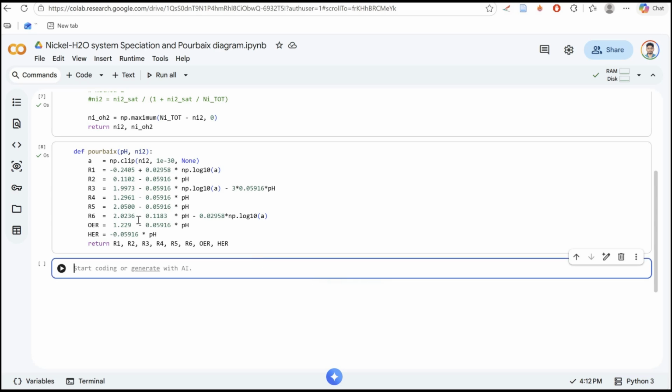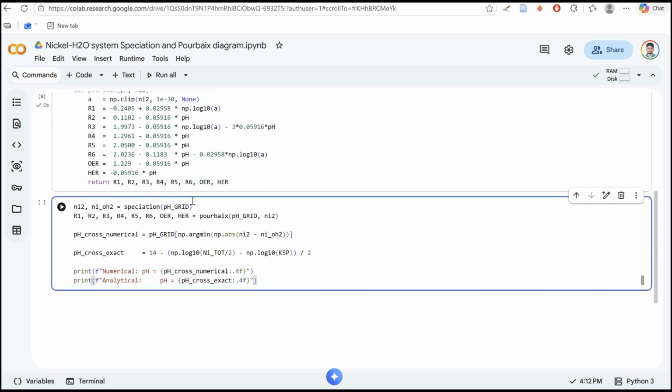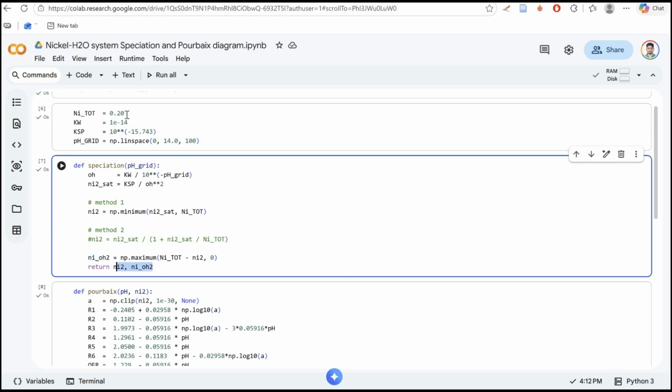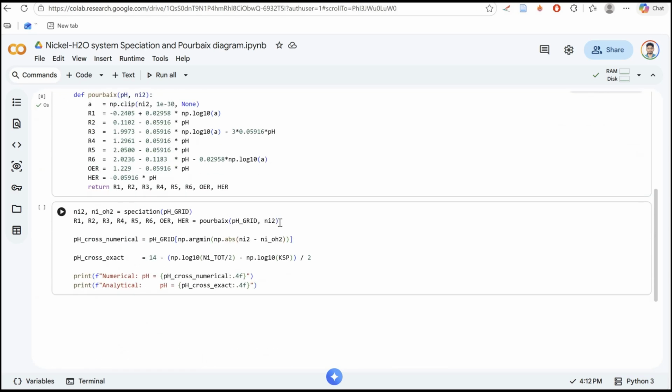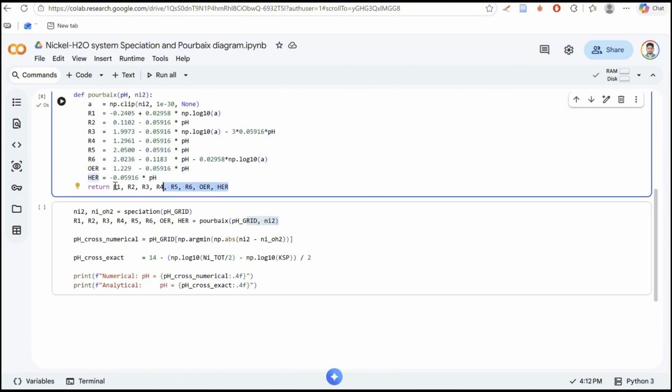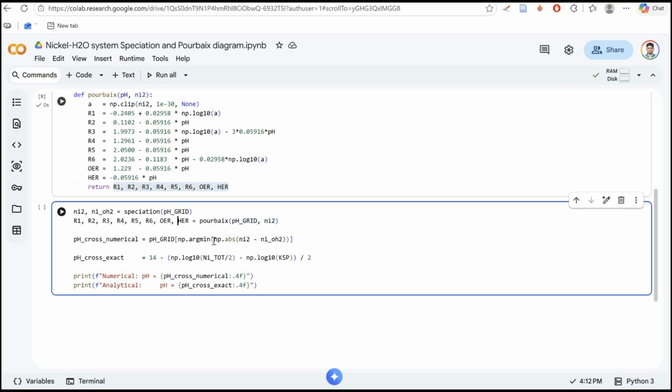We now call both functions over the full pH grid to obtain the speciation profile and Pourbaix boundary lines. We then determine the crossover pH, the point where the free nickel and nickel hydroxide concentrations are equal. This is done in two ways: numerically by finding the pH at which the absolute difference between the two species is minimized, and analytically using the exact expression derived from the Ksp and total nickel concentration.